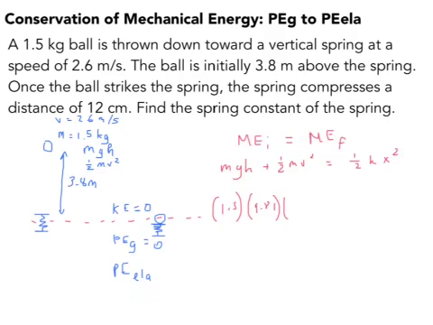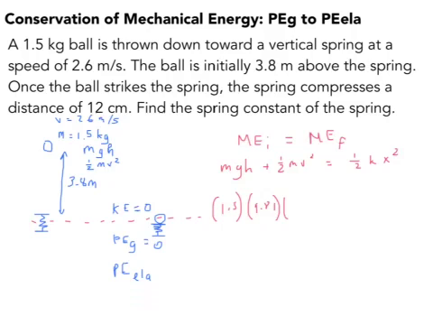But we haven't taken this as our 0 level. We've taken down here as the 0 level. So the initial height of the ball has to be measured from this dotted red line, which is 3.8 plus the amount that the spring compresses to get down to this dotted line. So it's 3.8 plus 12 centimeters.